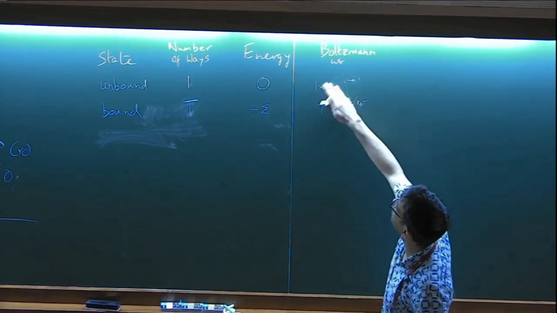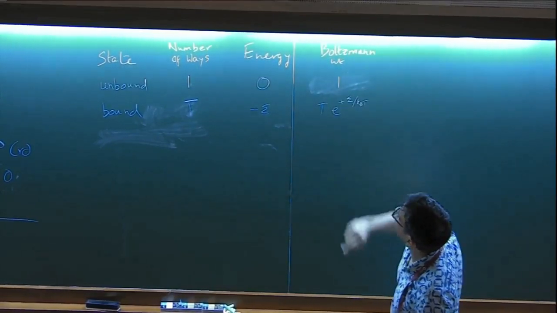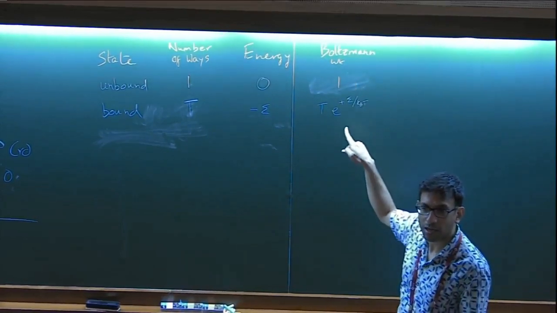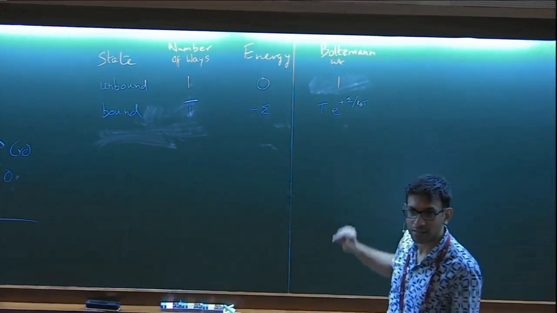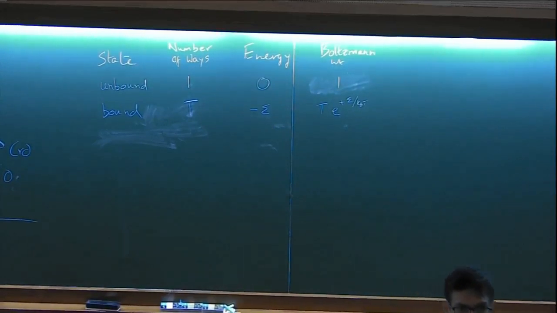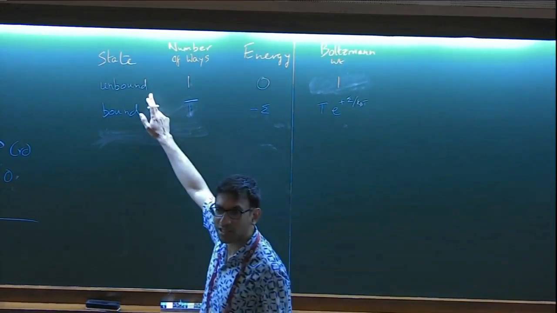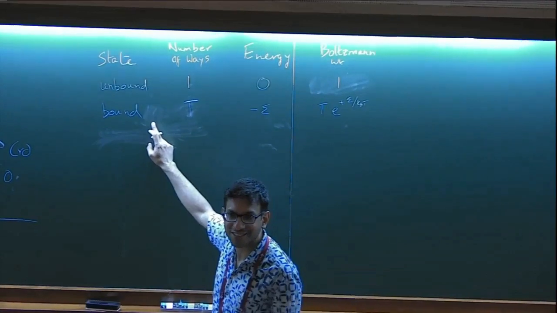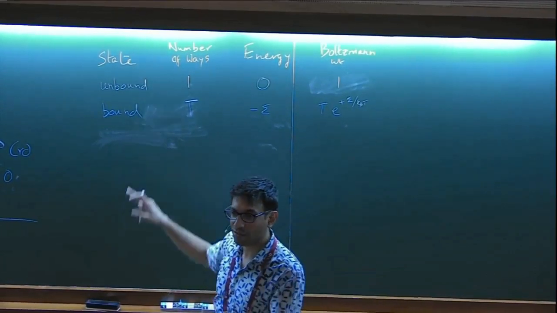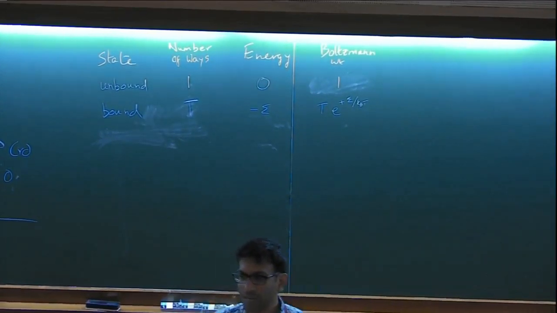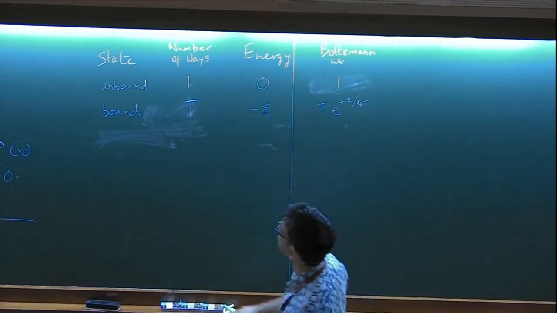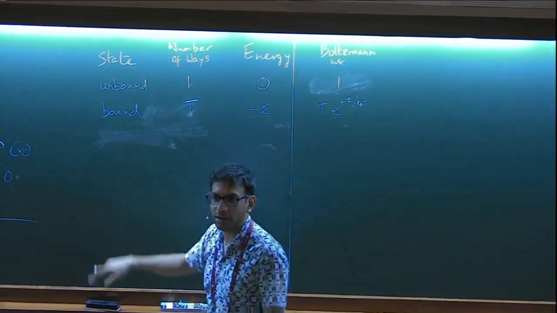This is just 1. So the Boltzmann weight is 1, and this. Everyone's okay with this? I'm really following in parallel what Olivier did last time. There's no difference, except for him, the two states were states of proteins. For me, the state of a binding site. Is the binding site occupied or unoccupied?